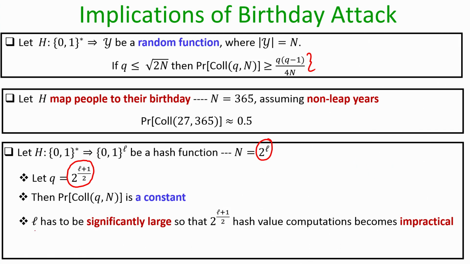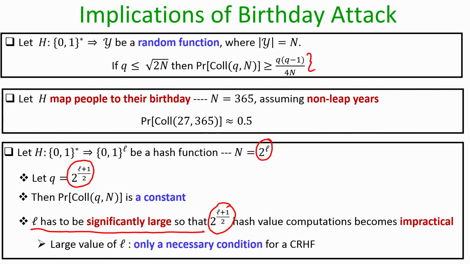That means your value of little l has to be significantly large, because if you ensure that l is significantly large, then to make these many queries the adversary has to do an impractical amount of computation, and that will rule out the implications of the birthday attack. Theoretically, the implications are still there. It is only that we operate our underlying hash function with such a large value of little l that carrying out these many hash evaluations is impractical.